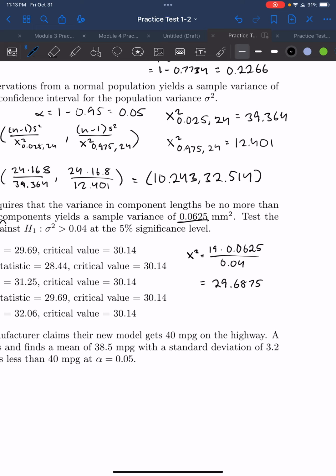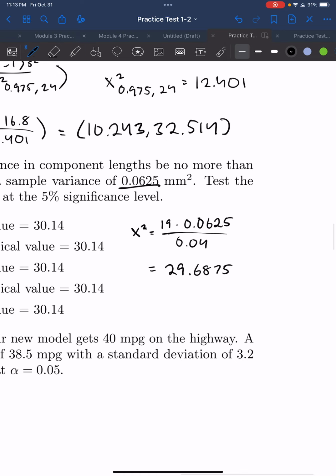So this is that we're testing that our variance is greater than 0.04, and so since it's a one-tailed test, we can solve using our one-tailed test p-value.